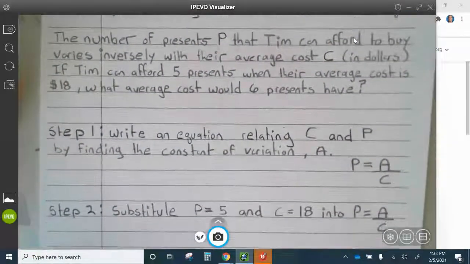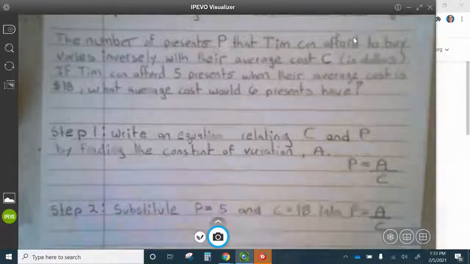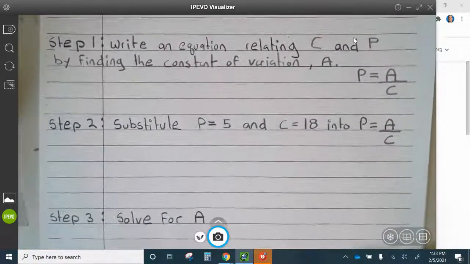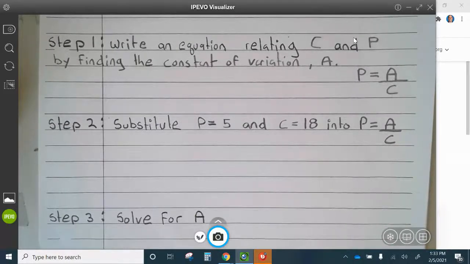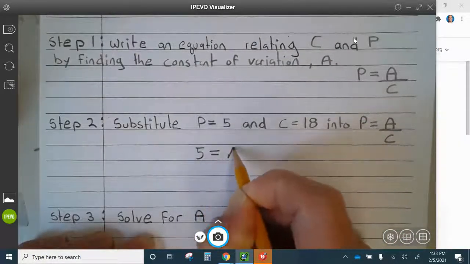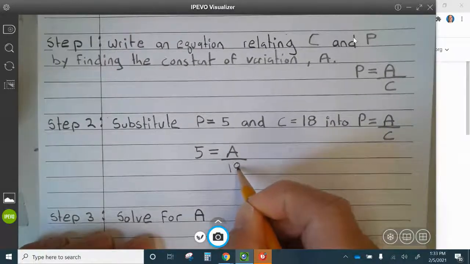Okay. Now, step 1. Write an equation relating C and P by finding the constant of variation A. Well, the equation is P equals A divided by C. Step 2, substitute P equals 5 and C equals 18 into P equals A divided by C. So that's 5 equals A divided by 18.